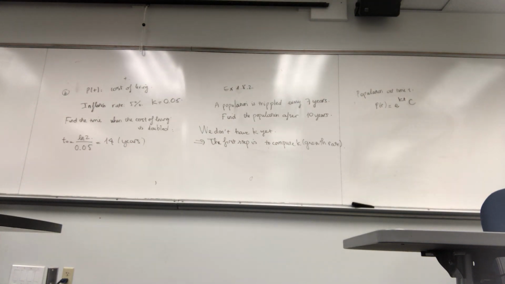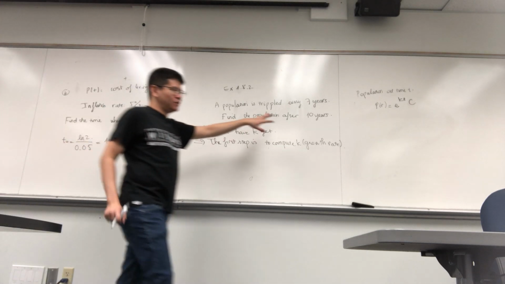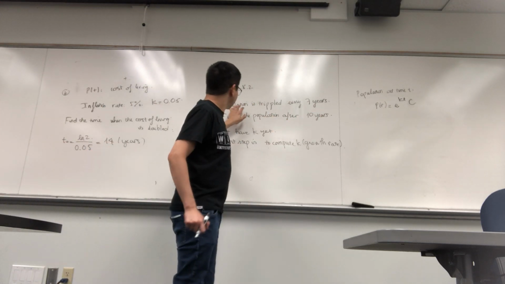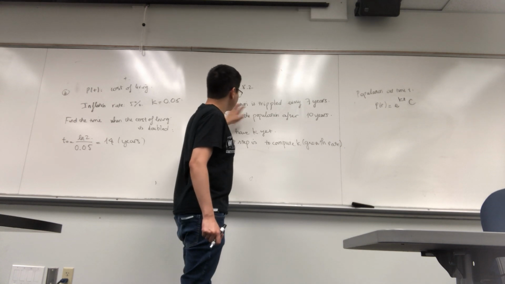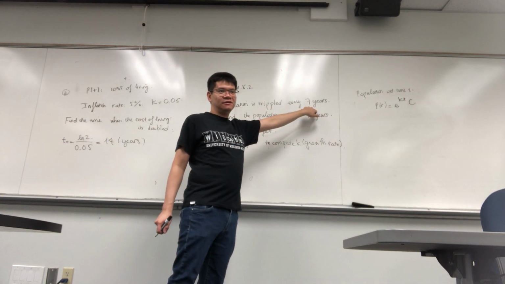So how can we express the fact that the population is triple every 7 years? Yes? So it's P(t) is P0 times e to the ln 3 over 7 times t. Yes. But how do you express the fact that the population is triple every 7 years?